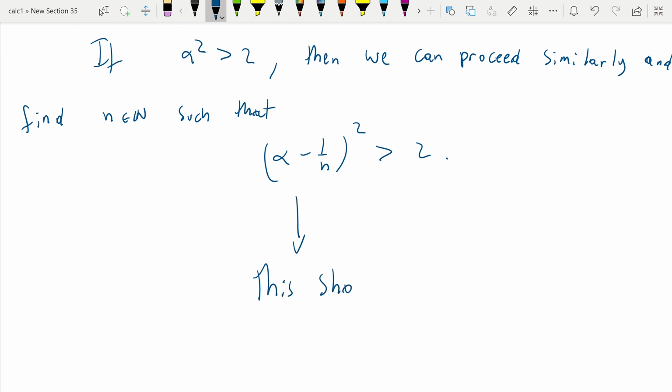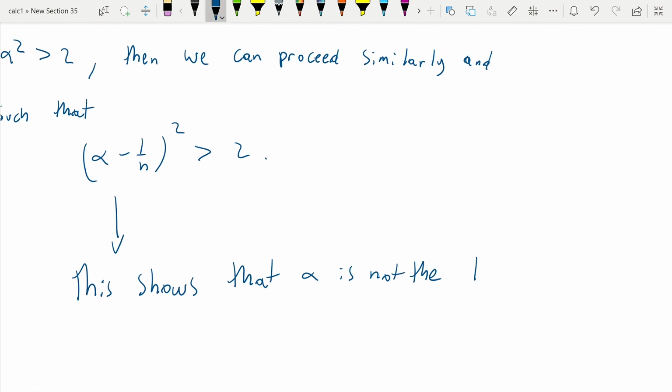This shows that alpha is not the least upper bound, because we can find a smaller number than alpha. If alpha squared is greater than 2, we can find a number smaller than alpha, such that its square will still be greater than 2.